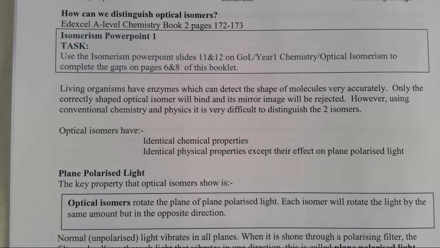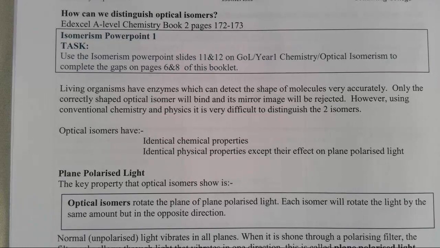For example, oranges and lemons smell different. Caraway and spearmint taste and smell different. Although they're the same molecules, because they're optical isomers of each other, they have a different interaction with the chiral molecules of your nose. However, when we're using conventional chemistry or physics, it's quite difficult to distinguish between the 2 isomers, because they have identical physical and chemical properties.